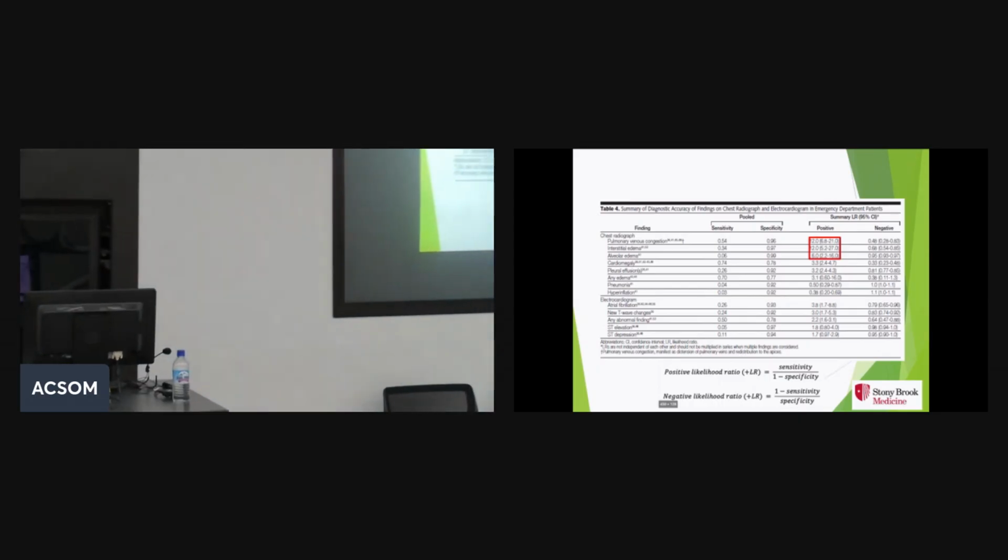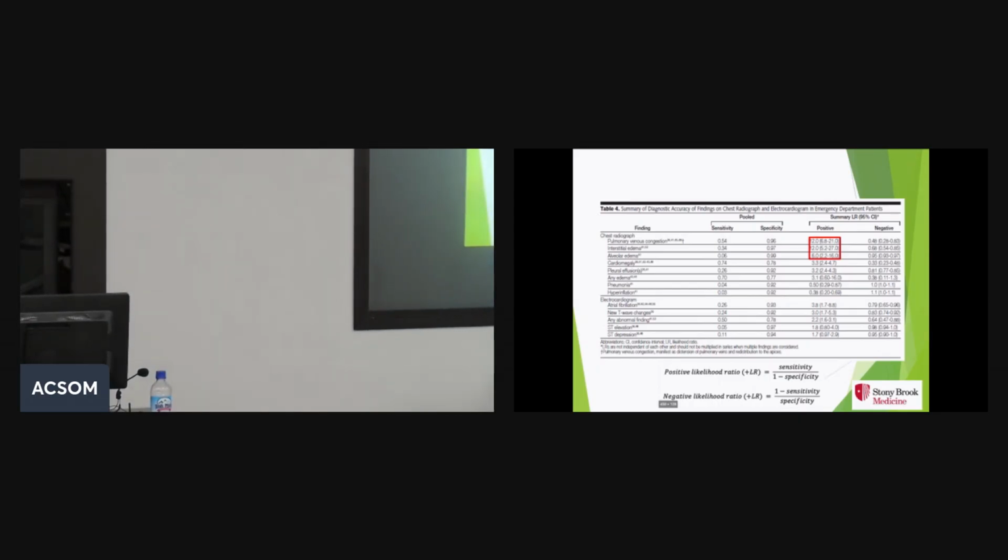Pulmonary vascular congestion. Why is that so good? Because if you're short of breath and you have an elevated wedge pressure, you're going to have pulmonary vascular congestion. Simple as that. So if the chest x-ray looks wet, it's a great sign, right?